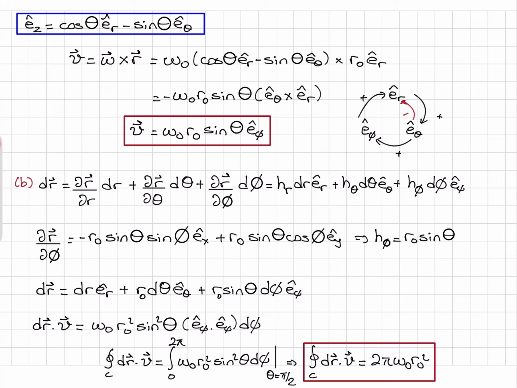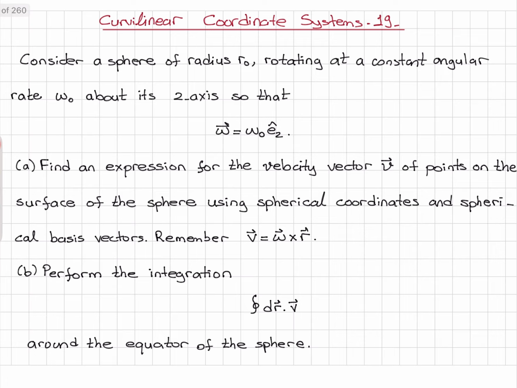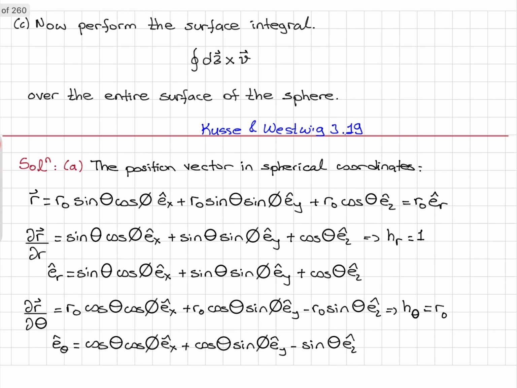Now, velocity vector is omega cross r. Omega was given as omega 0 ez hat, so I had to write ez hat in terms of er hat and e theta hat. And you can see that I can achieve this if I multiply er hat with cosine theta and e theta hat with minus sine theta and add them up. So these terms would cancel out and I would be left with ez hat.